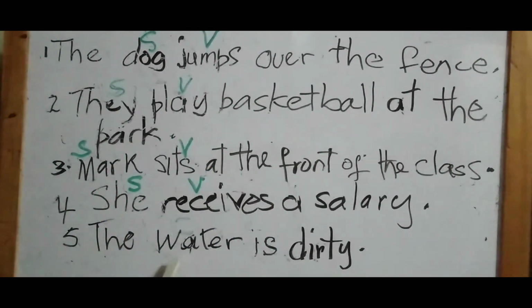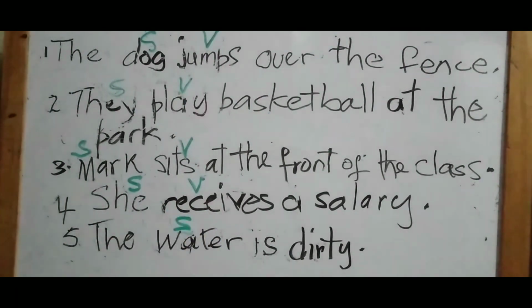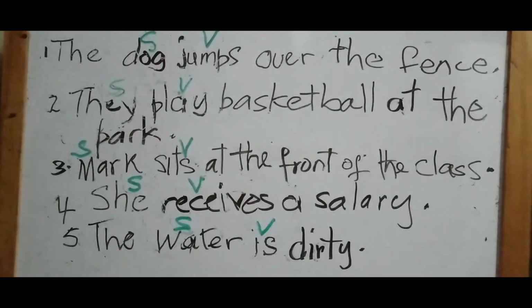Next one, the water is dirty. What is the sentence about? Water. So the subject is water, and is is the verb. Now water is what you call an uncountable noun. Uncountable nouns are nouns that you can't count.